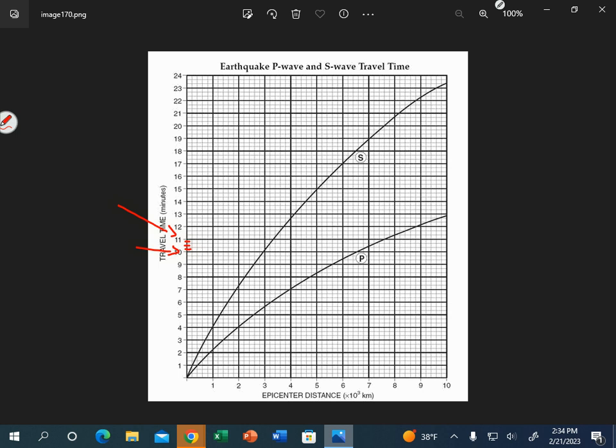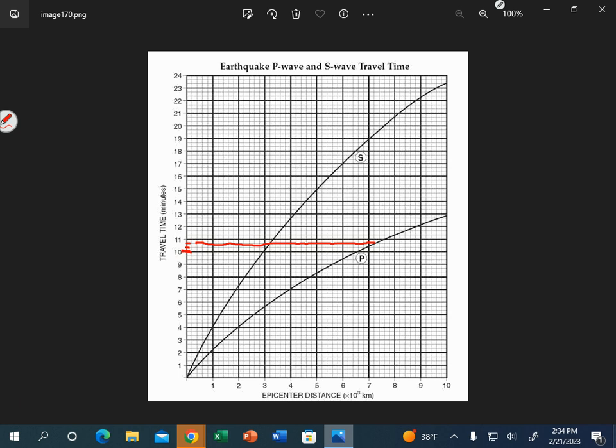So we're going to look for 10 minutes and 40 seconds. And with that, we're going to go right to our 10 minutes, right here. And then we're going to come to 20, 40. And we're going to travel all the way across here because our problem said that we were talking about primary waves. So we're going to skip past the secondary waves.